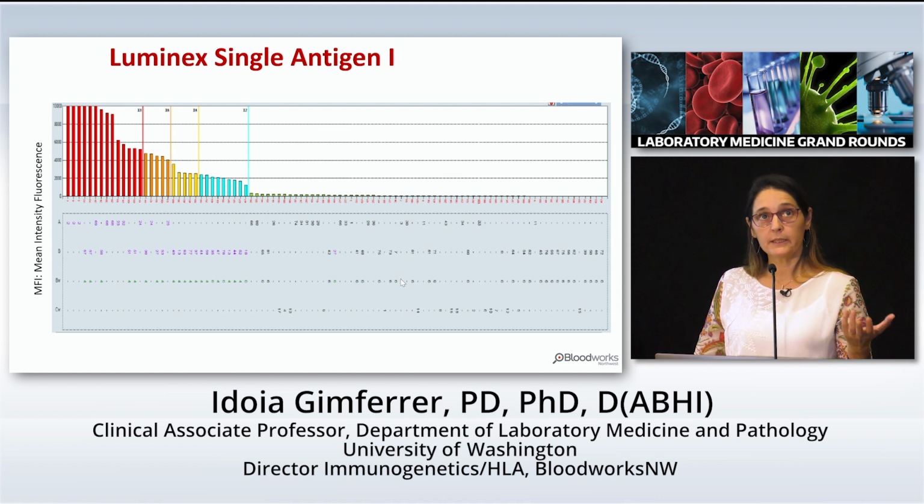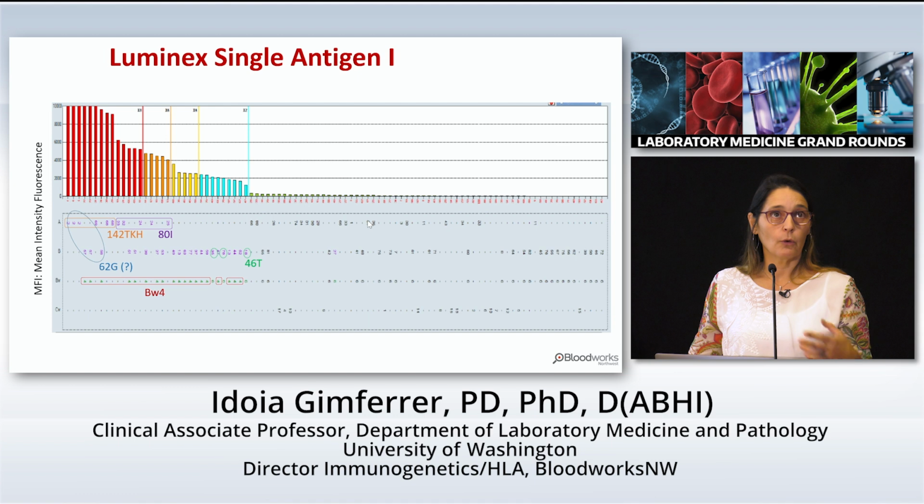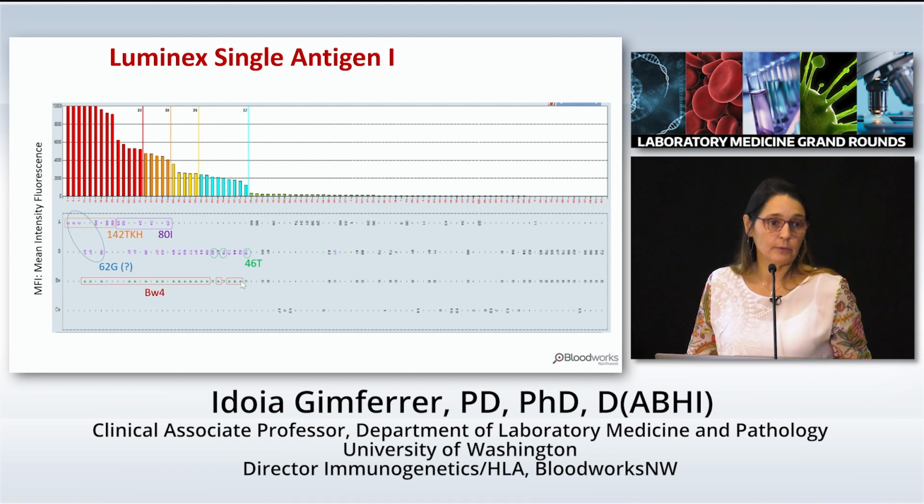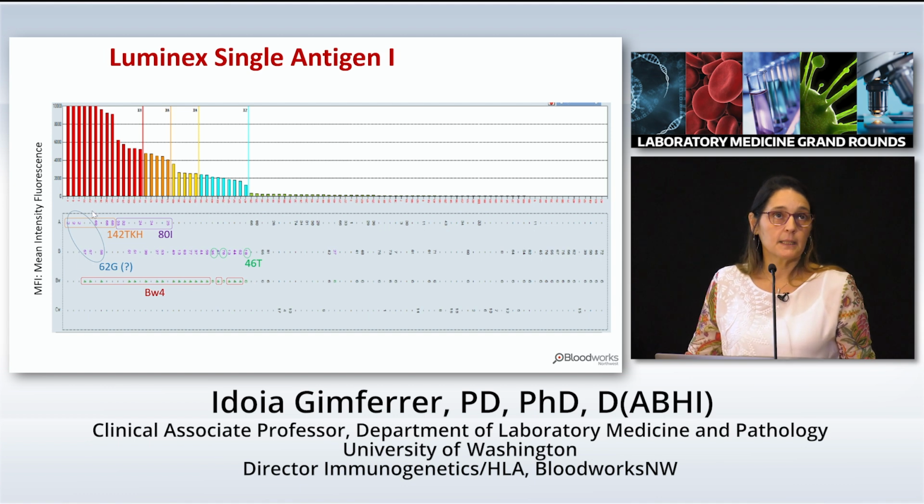So what do we do with this information when we have these results? The thing that we need to do is to understand the pattern. So what usually we do is try to see what is the actual epitope that we are seeing. And I'm seeing that it is an antibody that reacts with the 142 TKH epitope, which is expressed on A2, 68, and 69.